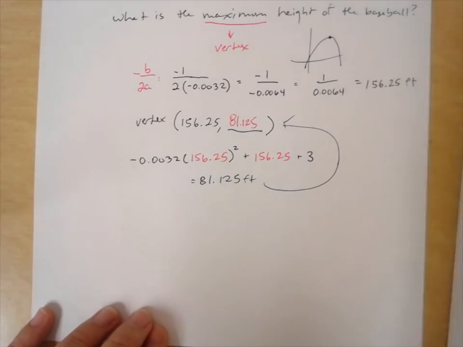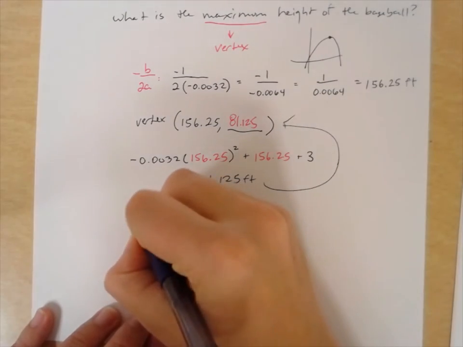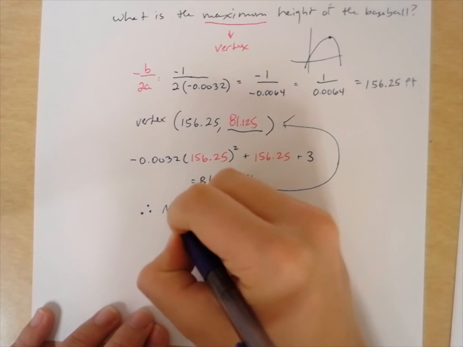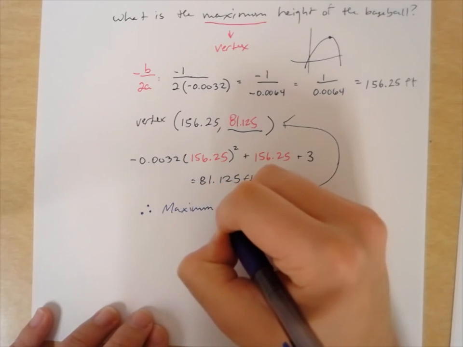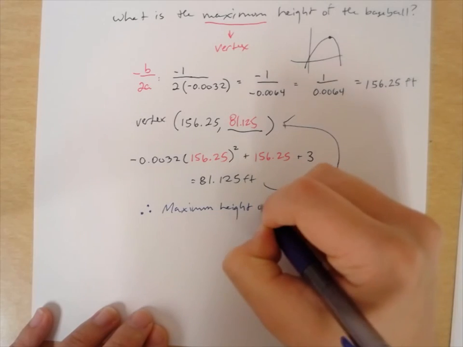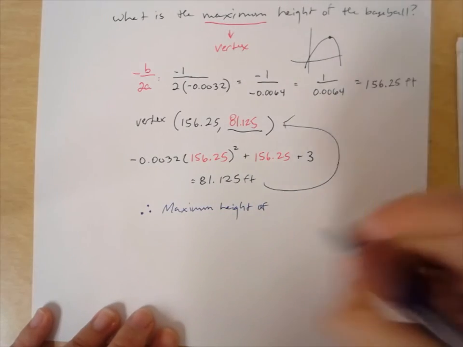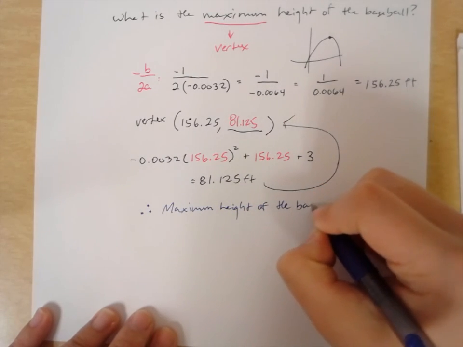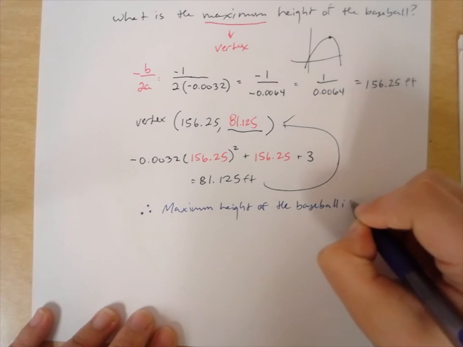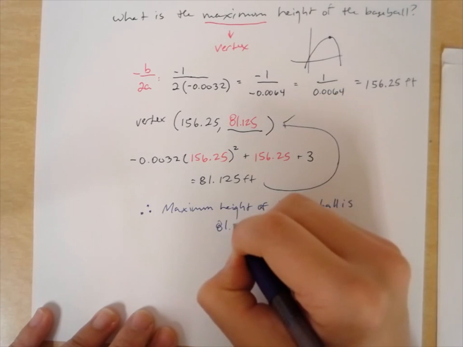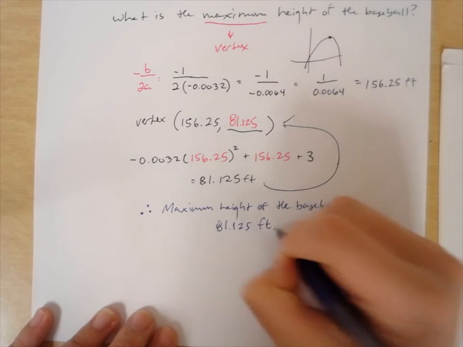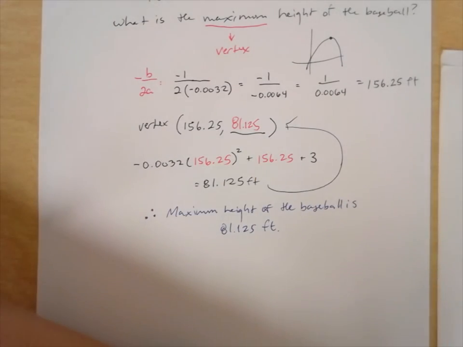So our final answer should state that the maximum height of the baseball is 81.125 feet. Alright, that's all I have to show you. We'll see you in class tomorrow.